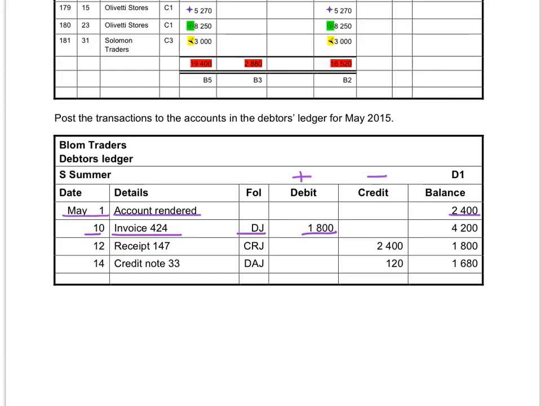His outstanding balance will now be $2,400 plus the $1,800, and that gives us $4,200. It's very important to indicate the source document and the number of the source document in case there are queries in the future, so that it's easy to trace this document for reference purposes.